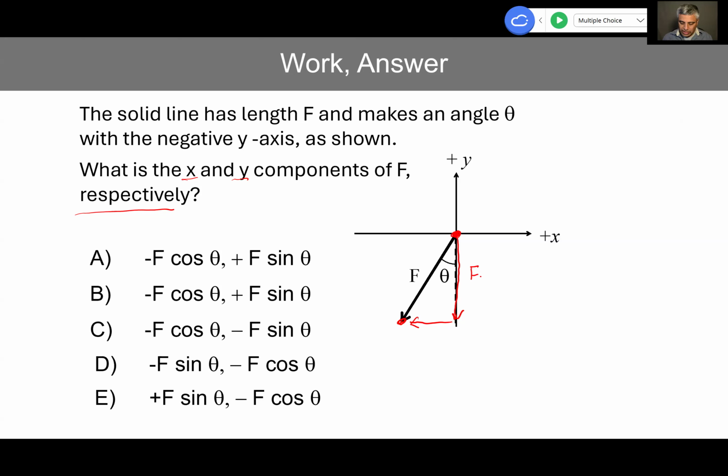This would be the Y component, and this would be the X component. In this case, this is the adjacent side of the angle, so this is F cosine theta. And here, being opposite, it is F sine theta.